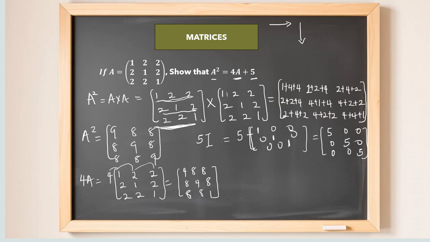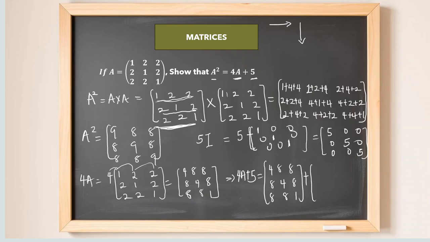So now, don't forget that we have 4A plus 5I. The 4A is 4, 8, 8, 8, 4, 8, 8, 8, 4.